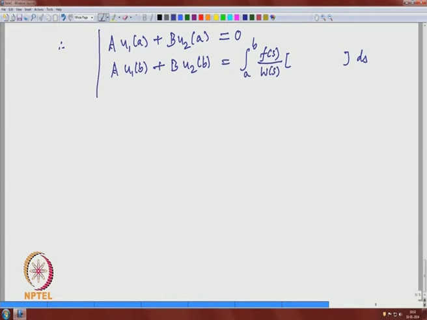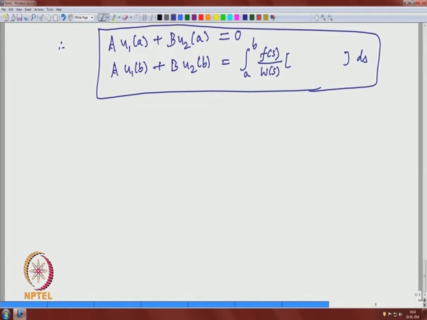Okay. So, A and B are constants. Now, A and B satisfy these two linear equations, and we hope to solve them provided the determinant of the coefficient matrix is not 0. Okay.